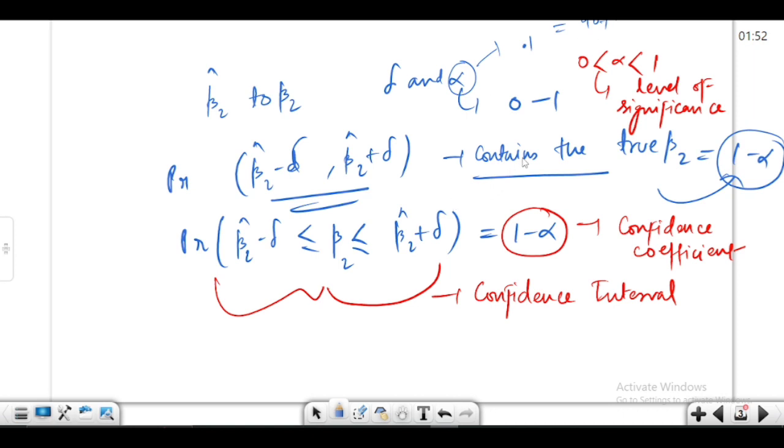So alpha is defined depending upon your convenience and how sure you want to be about your population parameter lying in that interval. We'll talk about how we choose alpha and the level of significance more deeply in the upcoming videos on hypothesis testing, and the problems we face while choosing a particular value of alpha.